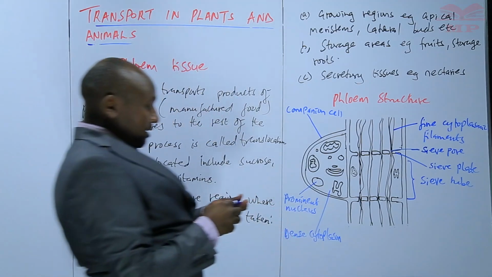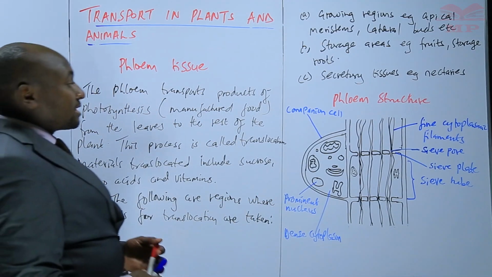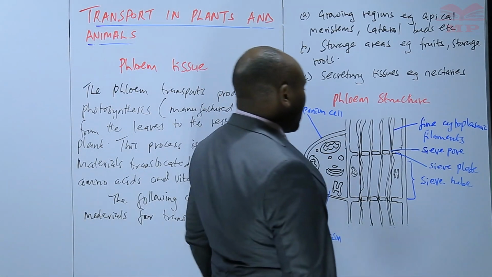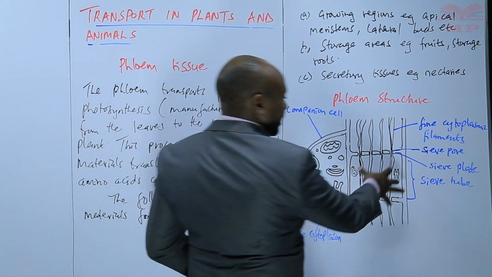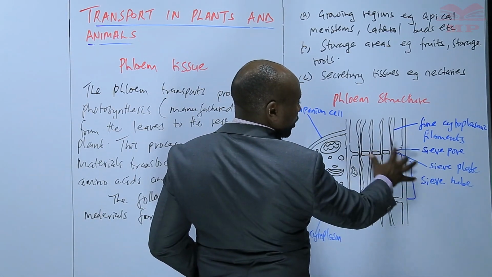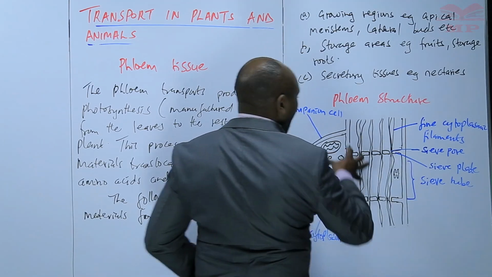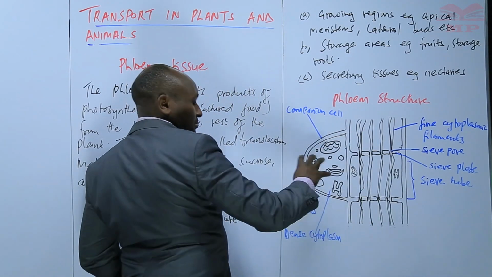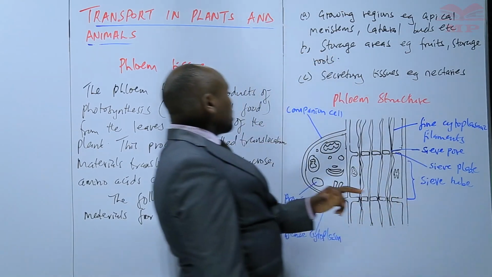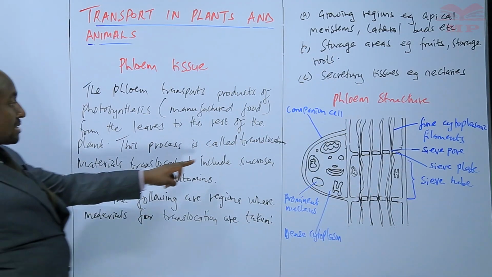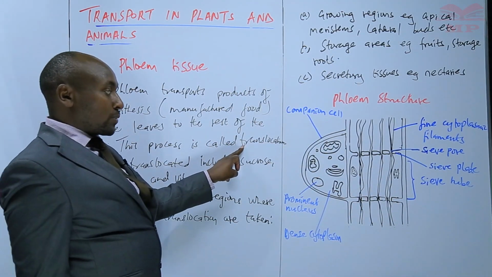So from this diagram, we can see that the phloem tissue is made up of two types of cells. There is this that we call the sieve tube, and there is the companion cell. The sieve tube, it's the one that carries out translocation.